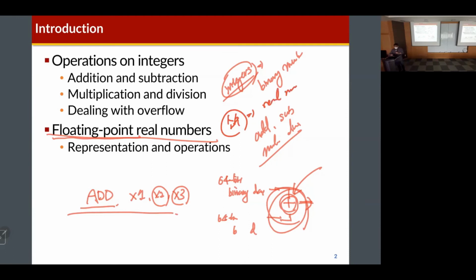We can represent a floating point number like 1.2 or 3.45. With the integer type, you can just represent integers like 1, 2, 3, -1, -2. But we also need to represent floating point type numbers, and we will learn how to represent them in computer systems.